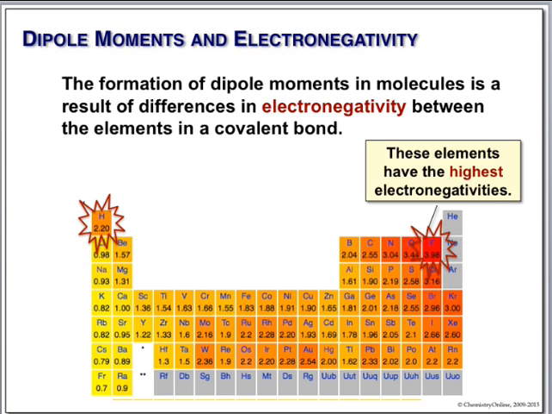As you go up any group, it tends to increase. As you go across any period, it also increases. That makes francium down here the lowest, and again, fluorine the highest. This is the simple explanation as to why we have polar covalent bonds, just due to electronegativity differences. All right.